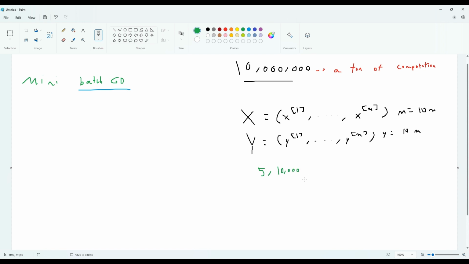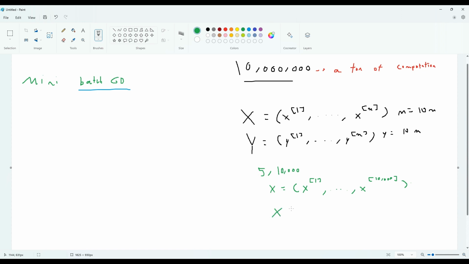So now X is going to be X1 to X 50,000. And this actually still works fine. You're probably wondering, doesn't our data have to be complex? But it still works fine, right? And we're going to take more than one batch, right?